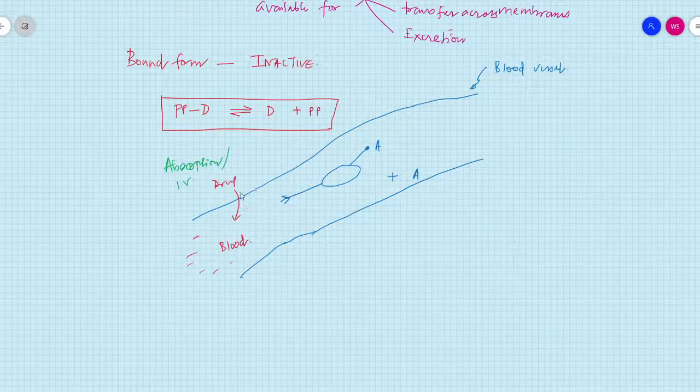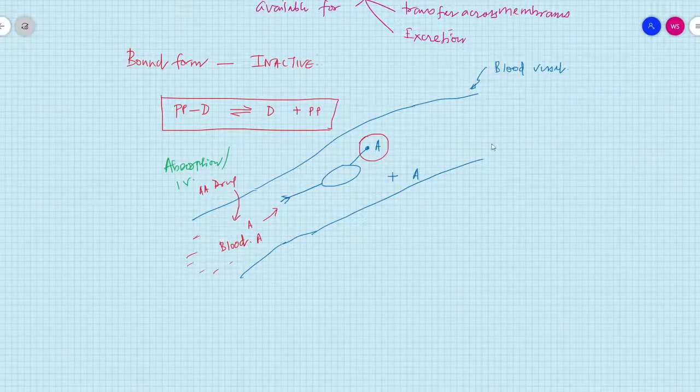What's the drug? We have injected two molecules of drug molecule A, and A reaches the blood. It encounters the plasma protein. Once it encounters the plasma protein, what happens? One molecule binds to the plasma protein and one molecule is free in the blood.